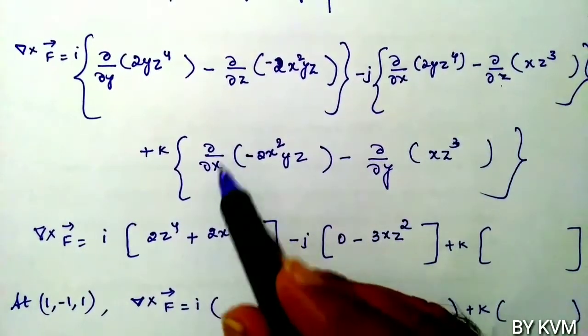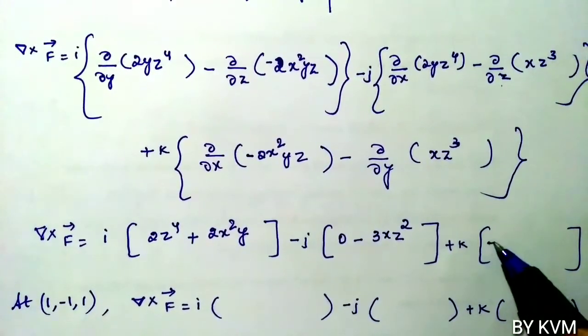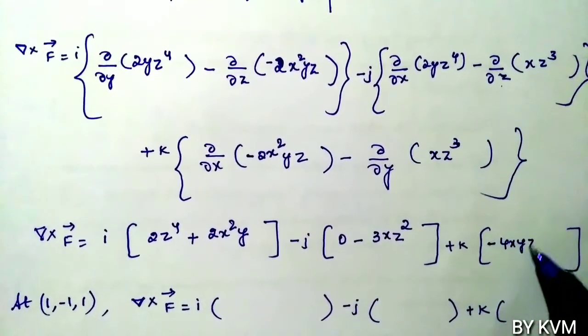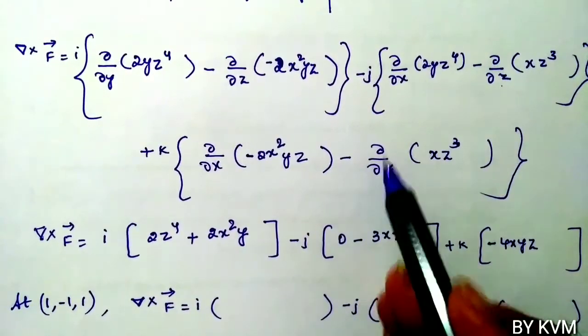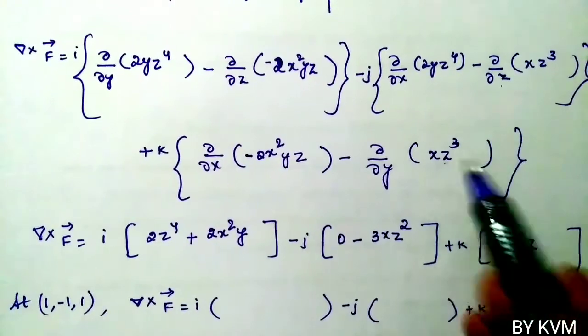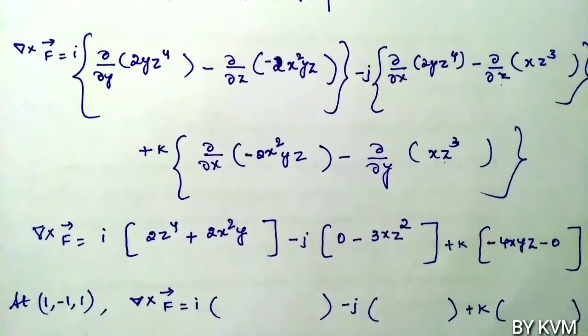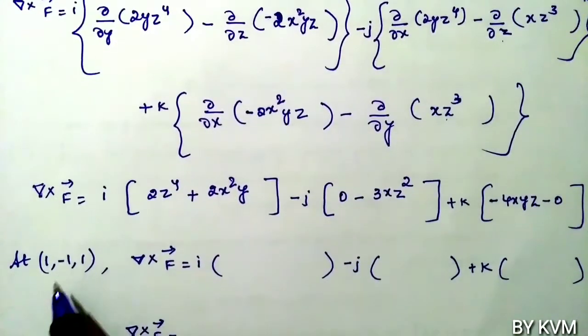Plus k into ∂/∂x of minus 2x square yz, so that is minus 4xyz, minus ∂/∂y of x z cube. So there is no y term here, so both x and z are constants. So it is 0. Now substitute.